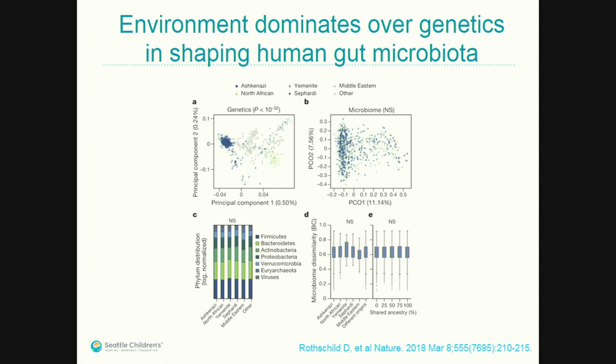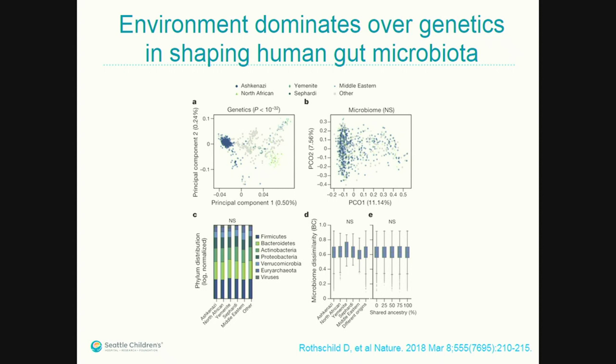And this is a study by Rothschild in Nature. And this is a study that looked at environment and genes in the human gut microbiome. And what they did was get different populations. And this study was done in Israel. They looked at Ashkenazi Jews, Sephardic Jews, Yemenites, individuals of Middle Eastern descent and North African descent.